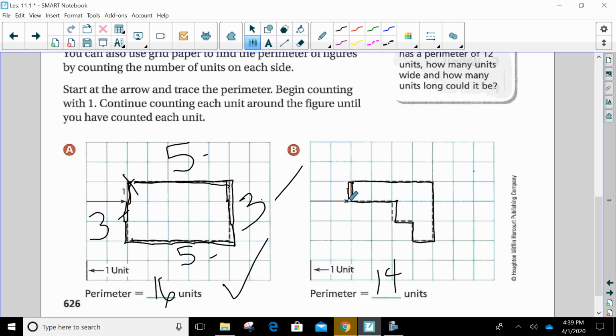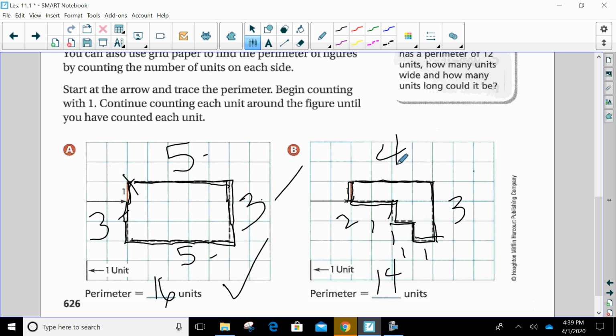Now, the reason why I say that's easier is because I want to show you. From here to here is 1. From here to here is 2. But you have to make sure you count the one that goes down. 1. A lot of people miss that. And then the one that goes across, 1. And then the one that goes down, 1. And then the one that goes across, 1. Then you count 1, 2, 3. Then you count 1, 2, 3, 4.